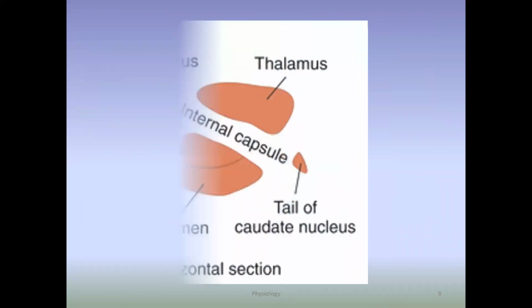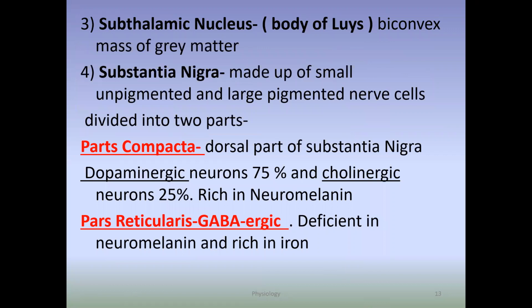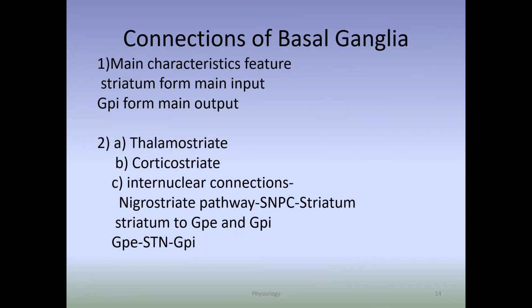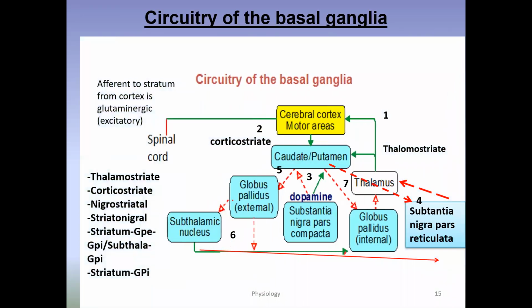And what are the circuits, that is the putamen circuit and caudate circuit? What are the input and output? Mainly the input is to the striatum, that is the neostriatum, caudate and putamen, and the output is mainly from the globus pallidus internal segment.